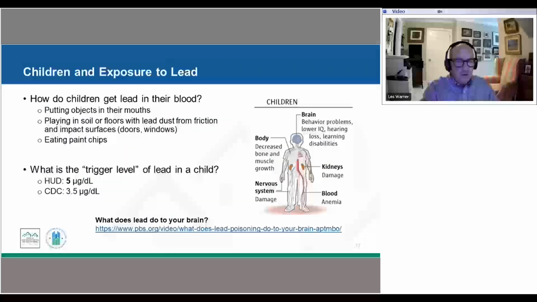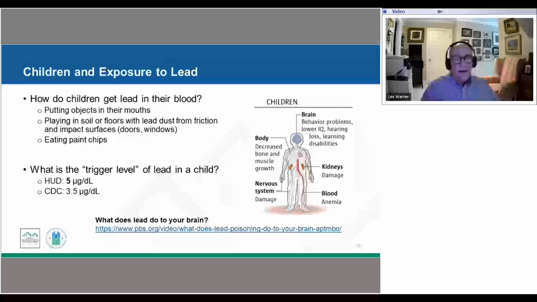So when we talk a little bit about children and exposure to lead, as I mentioned, they're growing rapidly, but children, particularly small children, also have a lot of hand-to-mouth action. So they're picking everything up and sticking it in their mouth. They are crawling, and so we have direct contact with soil or floors where we may have lead dust.